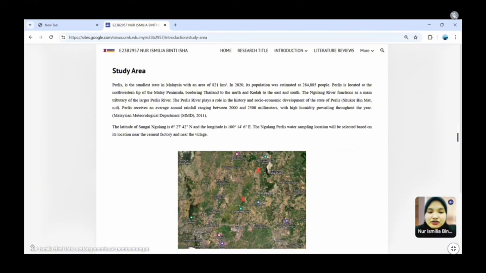According to the Malaysian Meteorological Department, Perlis received an average annual rainfall of between 2,000 and 2,500 millimeters, with high humidity throughout the year. Mulang River Perlis is located at latitude 6 degrees 27 minutes 42 seconds north and longitude 100 degrees 40 minutes 6 seconds east.